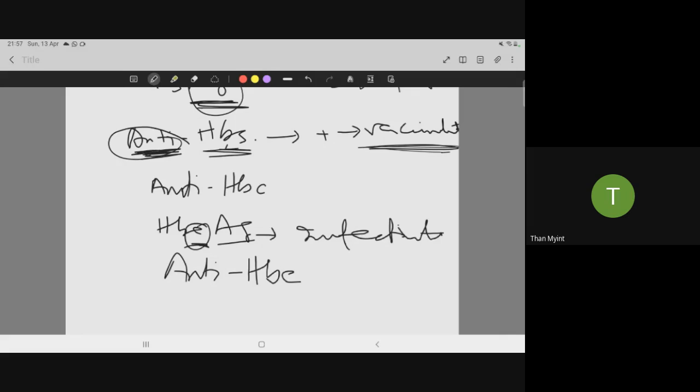So if your E antigen is elevated, it means infectivity. And if I have developed the antibody, it means my infectivity is low.